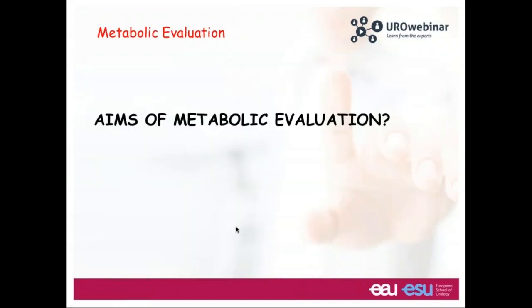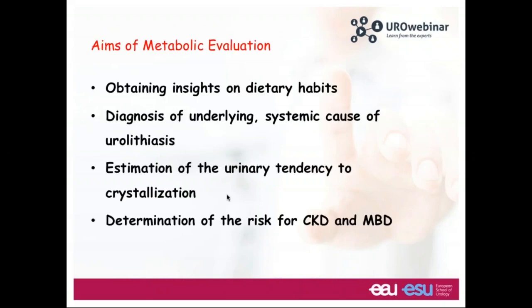Now, let's become more practical. What are the aims of the metabolic evaluation? What should we look for when a patient comes who has been operated on for a stone, or had a lithotripsy for a stone, and we want to see why he formed the stone? First, we have to obtain insights into what the patient really eats.